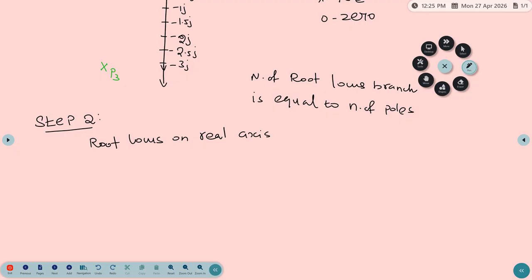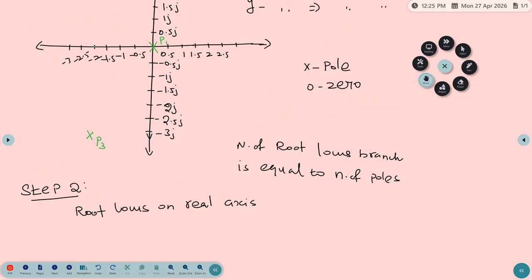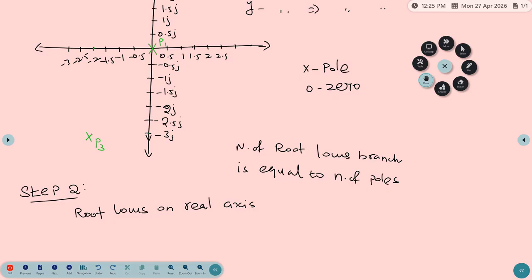Here the concept is very simple. Real axis means we know the x-axis is called the real axis. We need to identify the root locus on this particular real axis. To identify it, we should verify this x-axis from right hand side to left hand side.